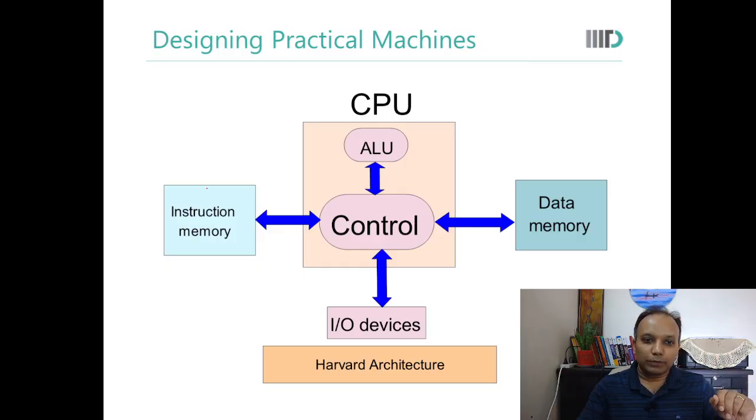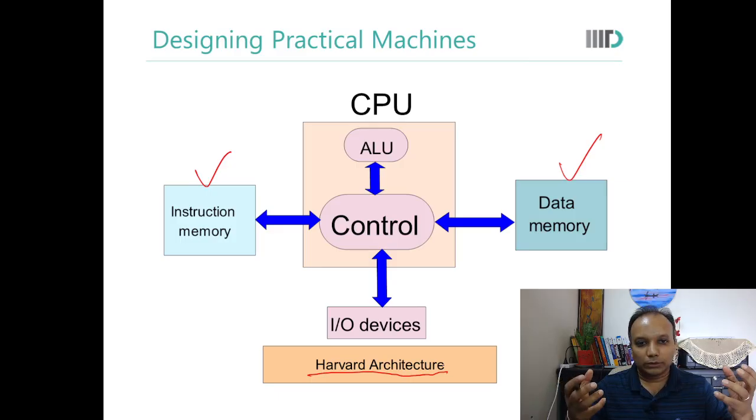You can have separate instruction memory and separate data memory, and if you have an architecture like this, then this architecture is called Harvard architecture. The earlier architecture where memory was unified, so basically instruction and data were residing in the same memory, that is called von Neumann architecture.